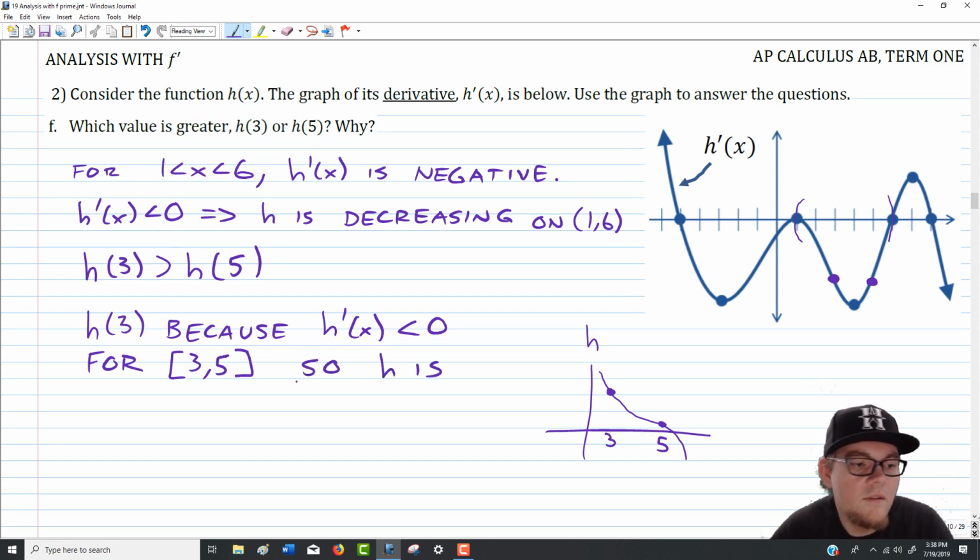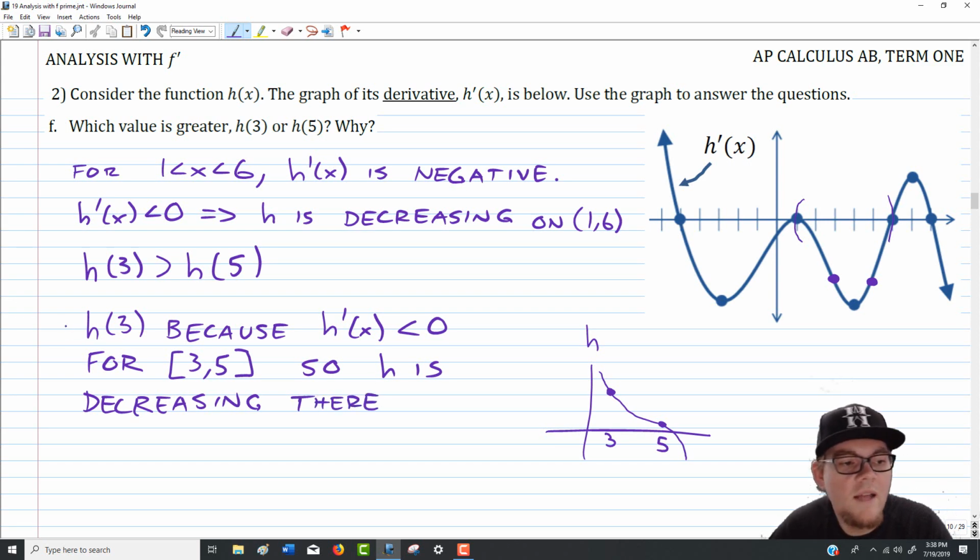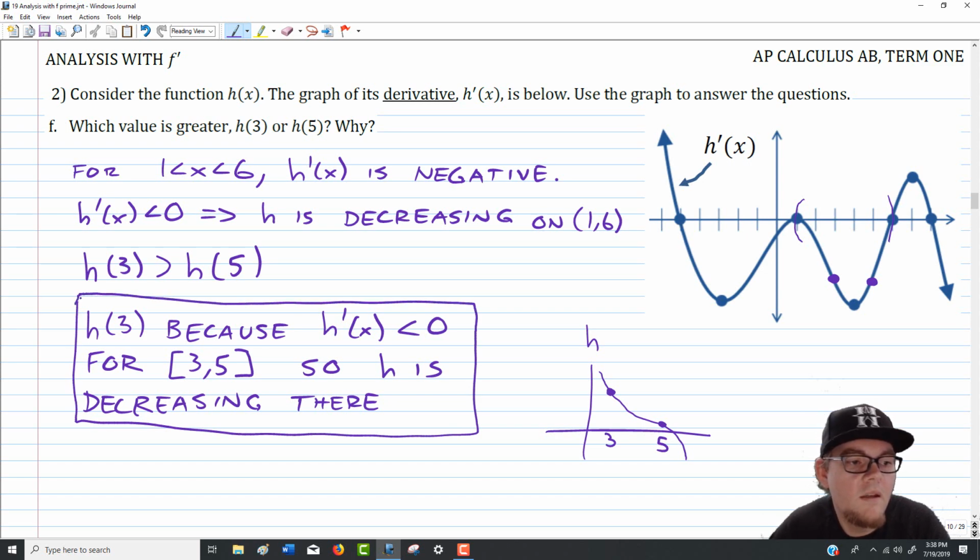So h is decreasing there. And of course, the classical definition of decreasing without using calculus has to do with f of b being less than f of a for b greater than a. So we actually get to use that definition right here.